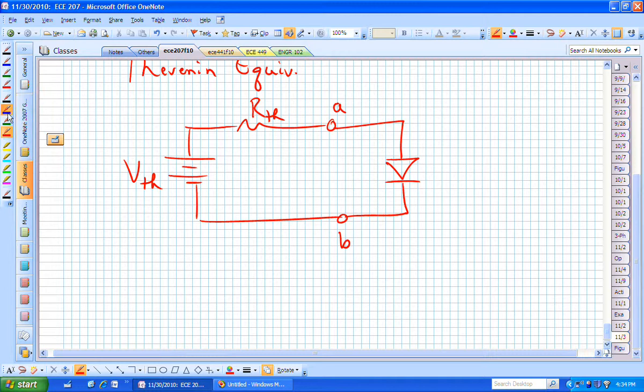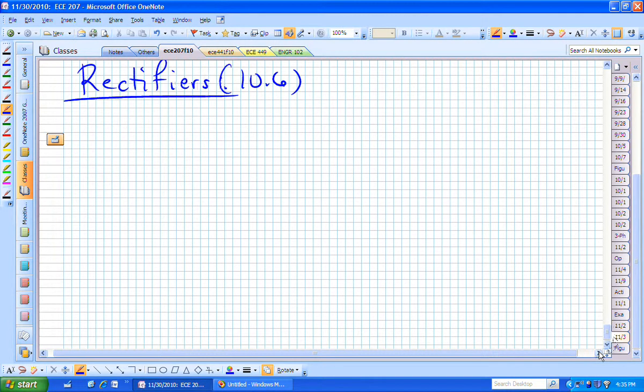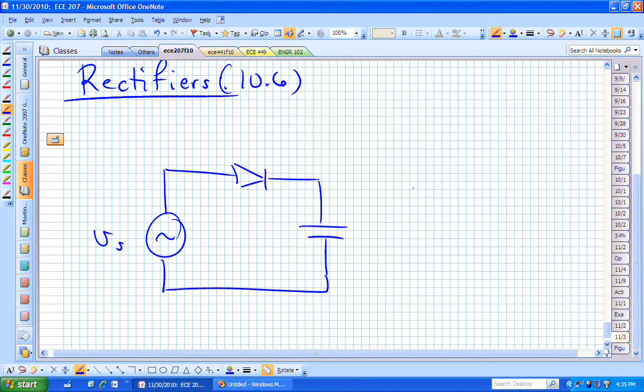Let's look at another way that we can use these diodes. Suppose we wanted to build a rectifier. This is in section 6 of chapter 10. Suppose that you now have this oscillating source, V sub S. By that I mean it's alternating plus and minus. You put a diode in that circuit, a capacitor, and now you attach that to some load.